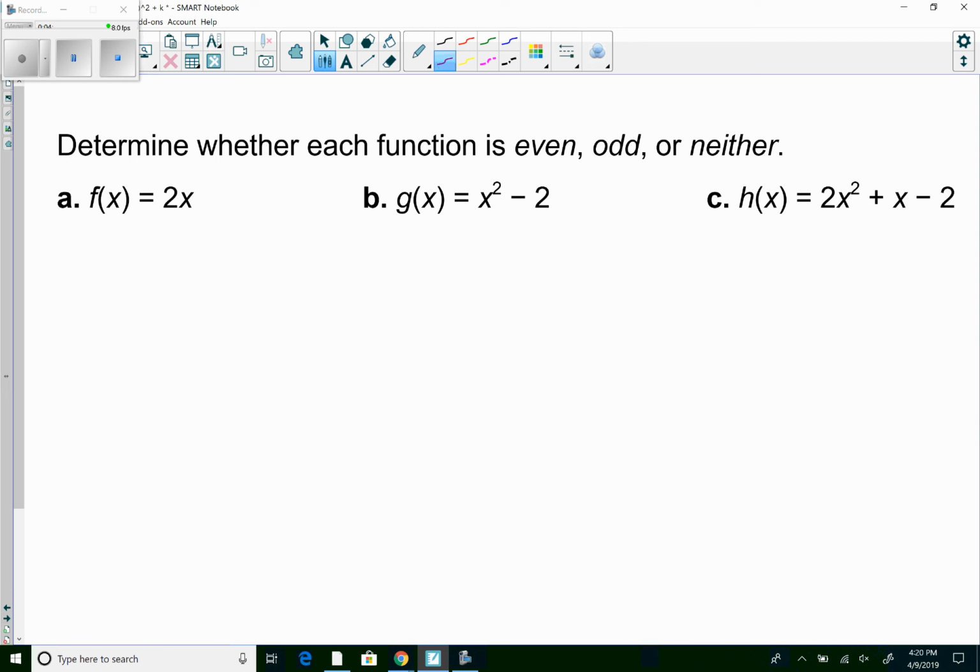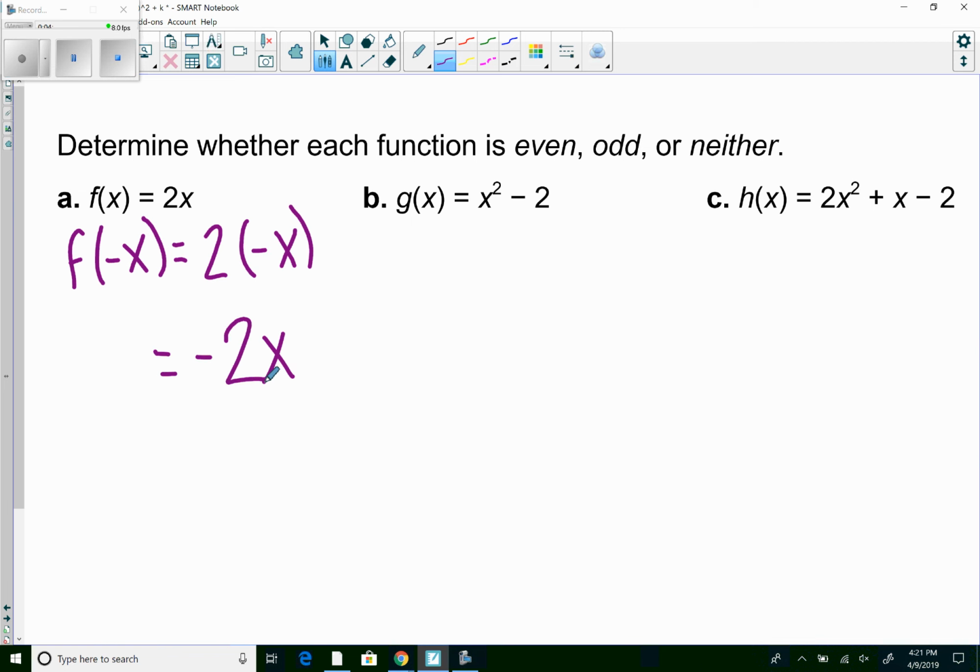So taking a look at letter A, you guys, first step, like I said, we're just going to take all of the x's in our function and substitute a negative x in for it. So instead of this positive x, we're going to change that to negative x. Now, when we multiply this together, our new function is going to turn into negative 2x.